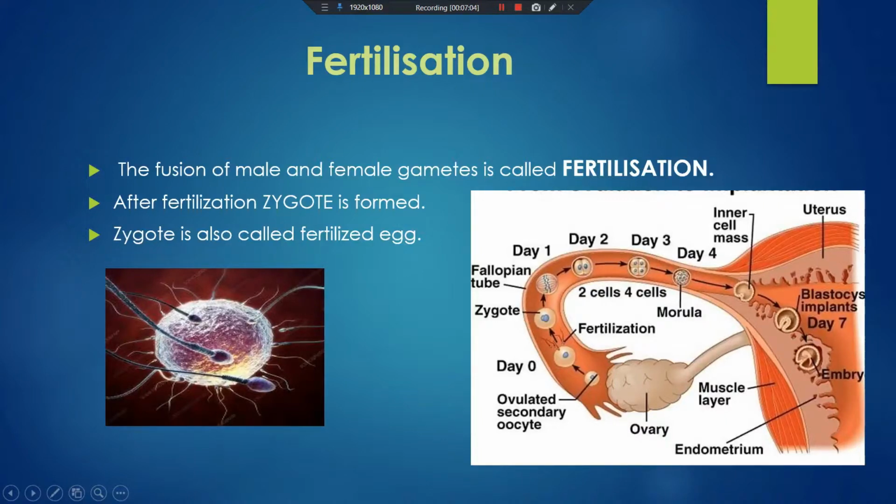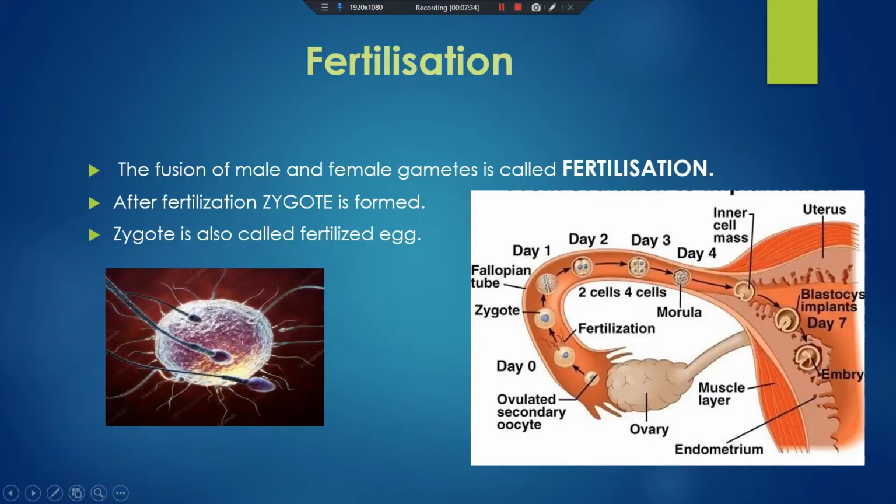The size of the egg is larger while the size of the sperm is smaller. Clear? The fusion of male and female gametes is called fertilization, and as a result of fertilization the zygote is formed. The egg is known as the unfertilized egg and the zygote is called the fertilized egg. Understood? Another name of the zygote is fertilized egg.